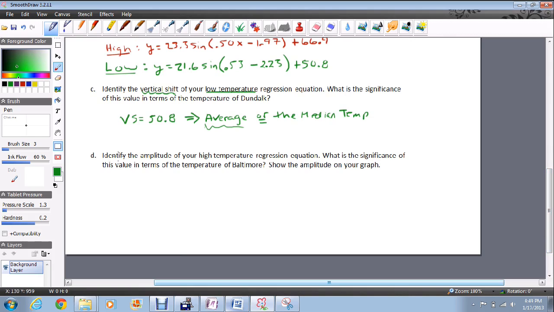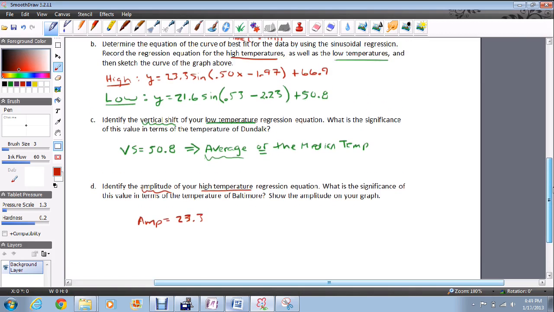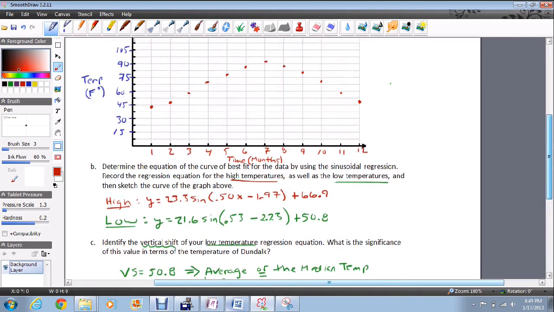Part D says identify the amplitude of your high temperature. So the amplitude of the high temperature equation is just that first number, 23.3. So what that means is, I'll go back up to my graph for a second.